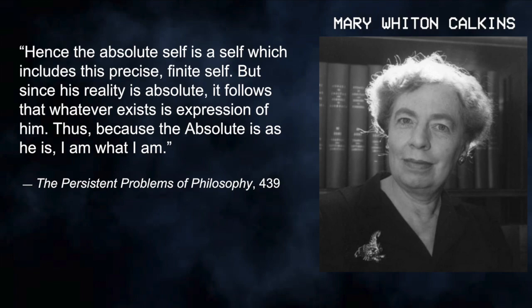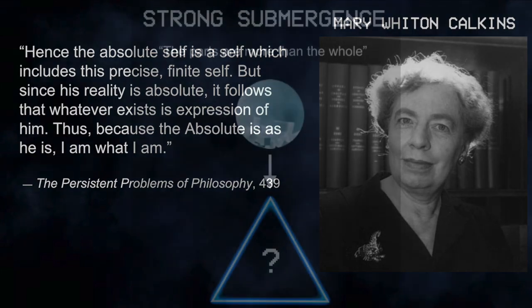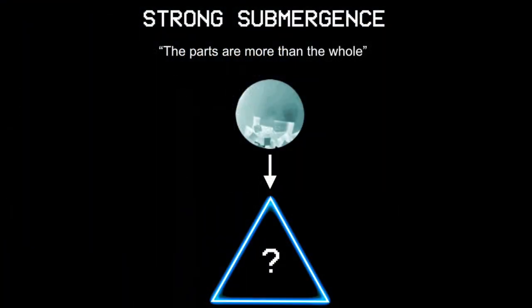Thus, because the absolute is as he is, I am what I am." Strong submergence also affirms that the whole is prior to its parts, but instead affirms that the parts are more than or are distinct in ontological kind from the whole. One who affirms strong submergence says it's not the case that as above so below. This means non-mental parts can submerge from the whole.